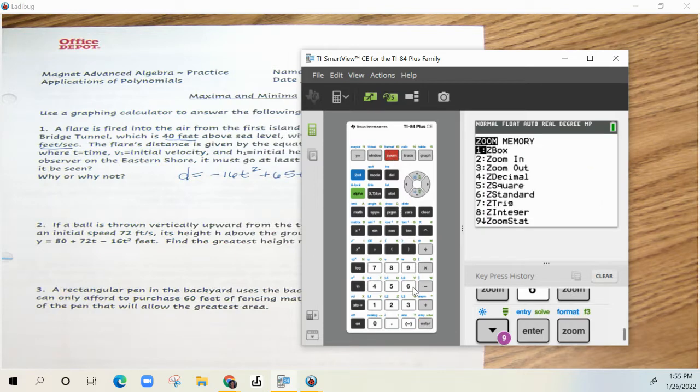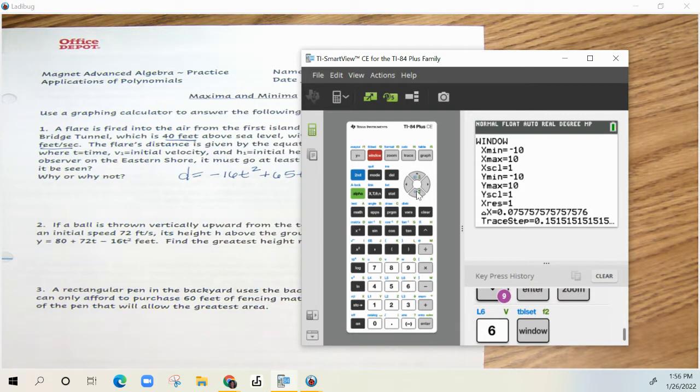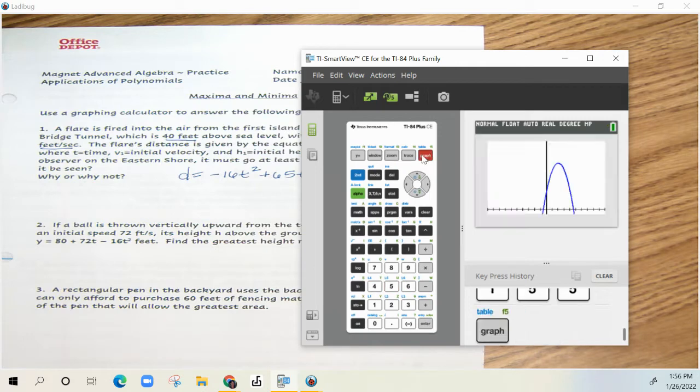So I'm going to go back to zoom 6. I know right off the bat, I'm trying to see if this flare goes 150 feet in the air. So how high something goes would be represented by y max. So I know that I'm looking for at least 150 feet in the air, so I'm just going to overshoot that just a bit and change it to 155. And I'm going to hit graph.